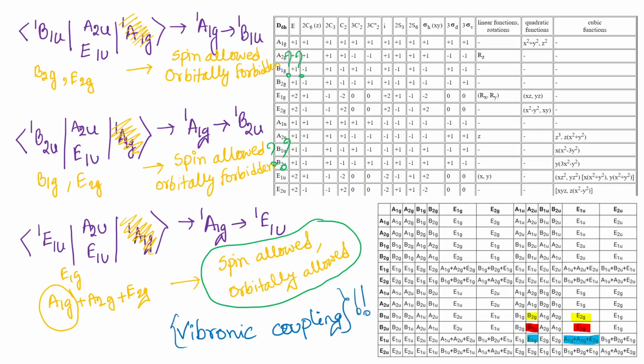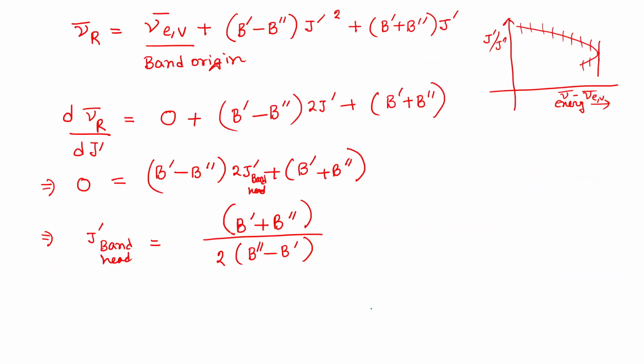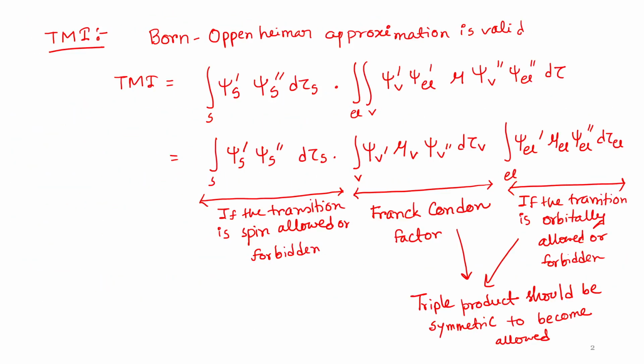And we can go back to the first slide we had today. This one, right? In this case, this product, so they are now coupled. This product has to be symmetric.